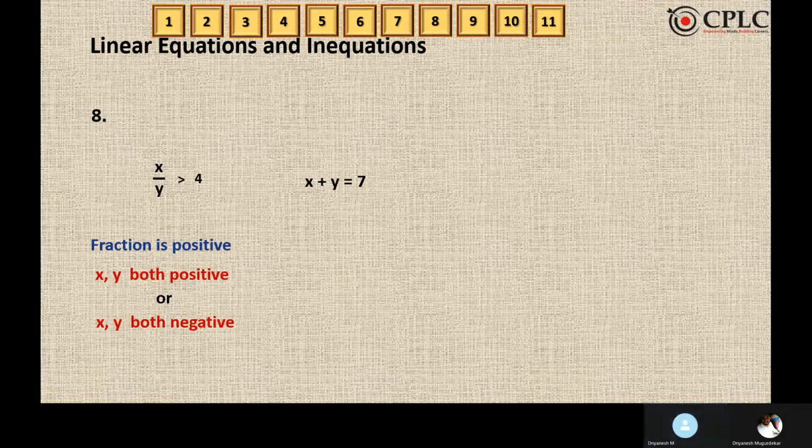But when you look at the other equation, x plus y is equal to 7, this tells us that the same two numbers, the numerator and the denominator of the fraction, have a sum of plus 7, which is a positive answer. And this should tell you that the second case of the first part, that is both x and y are negative, will cancel out.